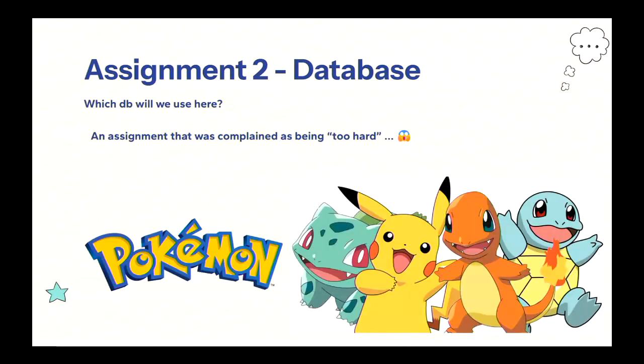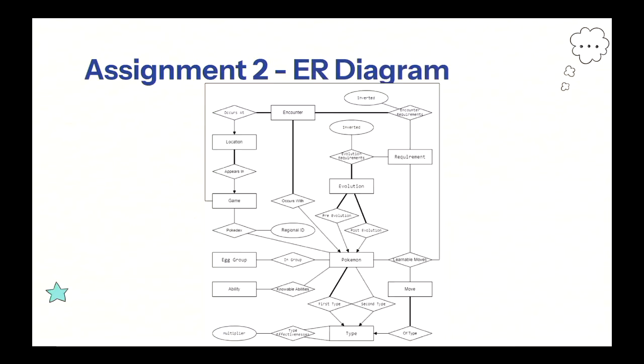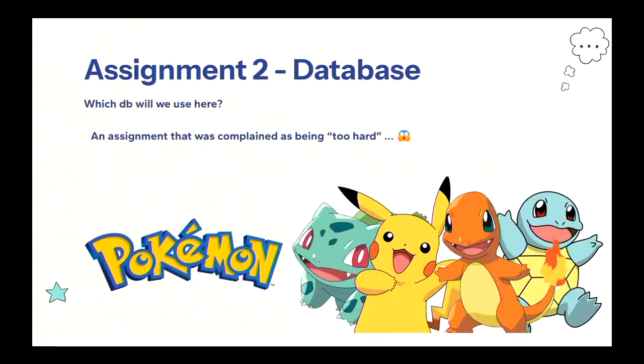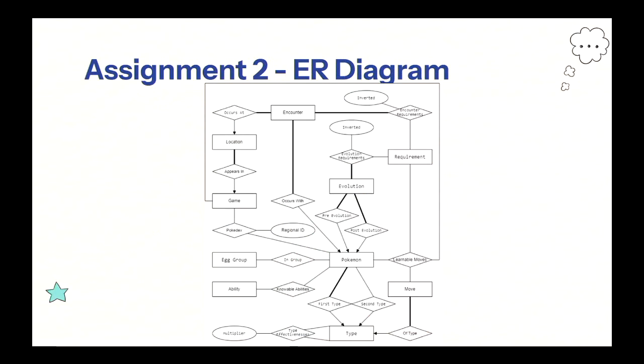The database is about Pokemon, so it's a Pokemon database. And as you can see, this is the ER diagram of this Pokemon database. You can see there are a lot of entities and a lot of relations. It's much more complex than the movie database.